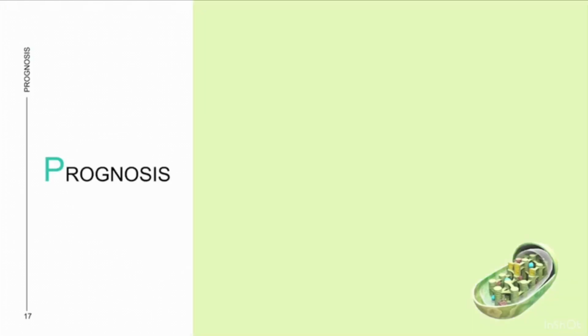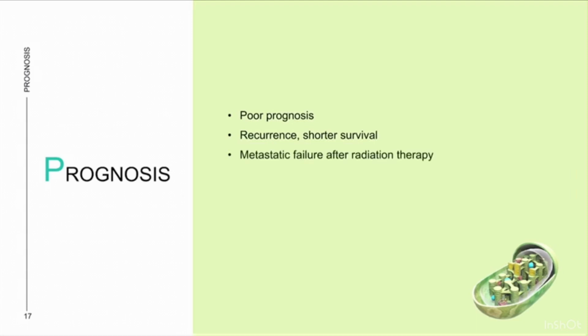Now coming to the prognosis. As I said already, it has a poor prognosis. So if we see IDC-P, which is associated with the prostate carcinoma proper in the radical prostatectomy or biopsy specimen, you should know that there is a high chance of recurrence and shorter survival. There will be metastatic failure after radiation therapy.